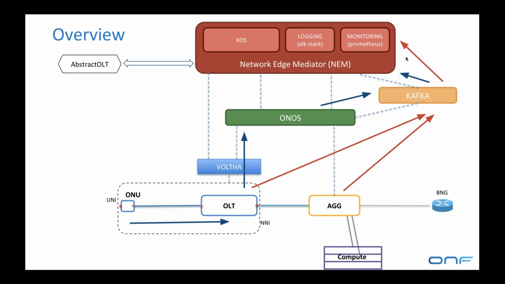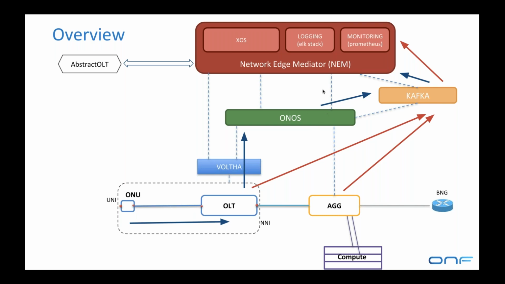There was a question this morning on the mailing list about how Kafka helps in case of pod reboot. An example of that is that if ONOS, for any reason, goes down, it runs on Kubernetes. We have a component in NEM that observes the pod in Kubernetes.